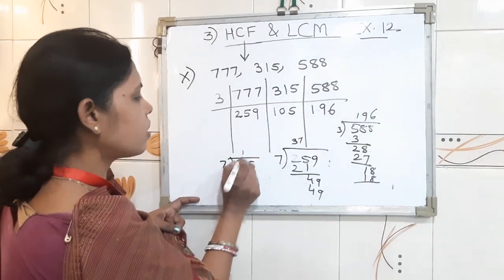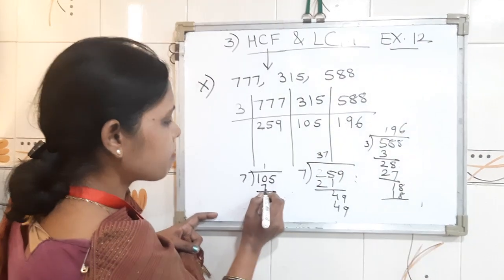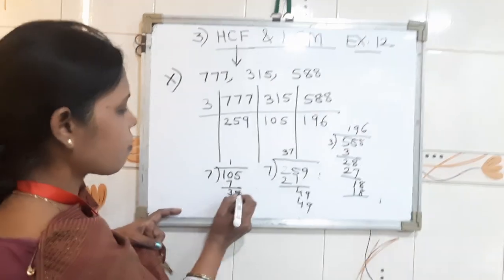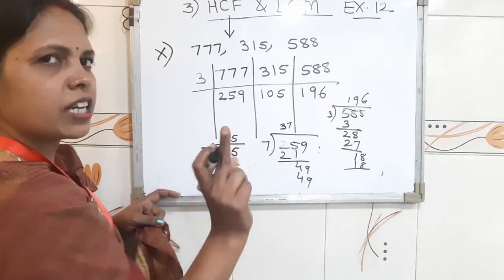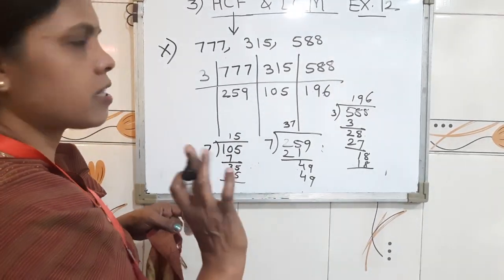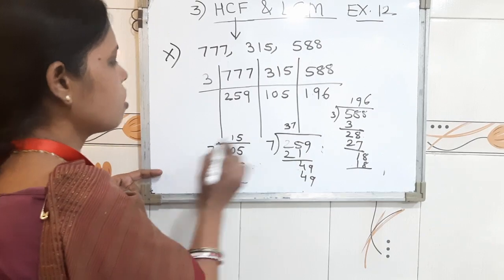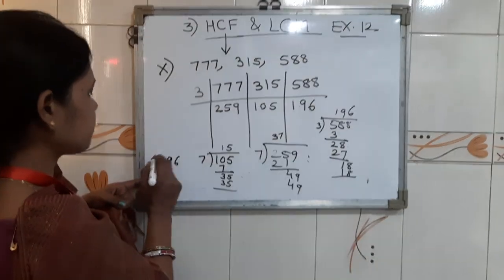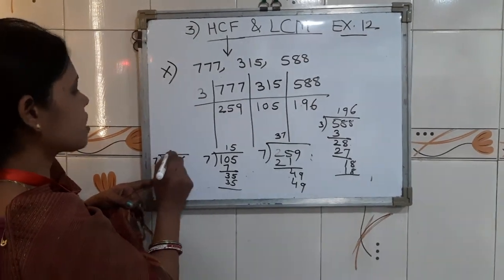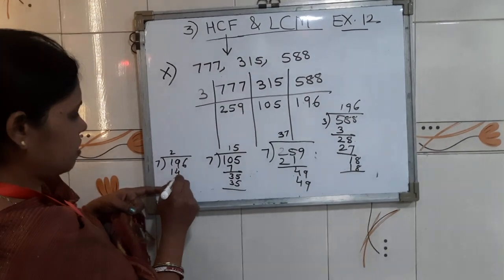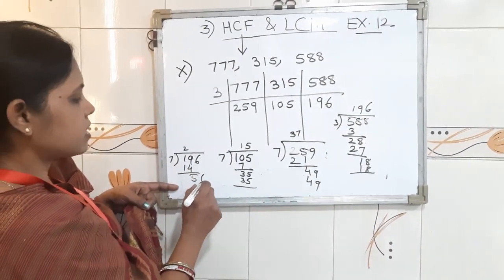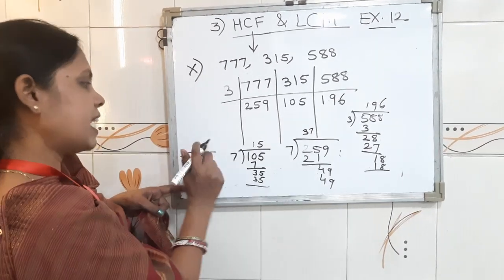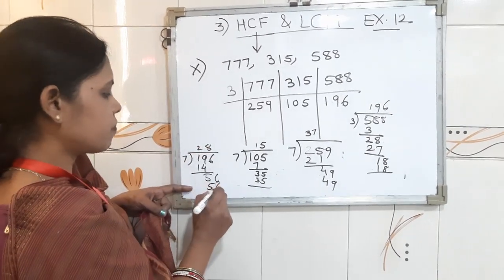7 ones are 7, 10 minus 7 is 3, and 5. 7 fives are 35. The second number is also divisible by 7. Our third number, 196. 7 twos are 14, 19 minus 14 is 5, and 6. In the table of 7, 7 eights are 56.